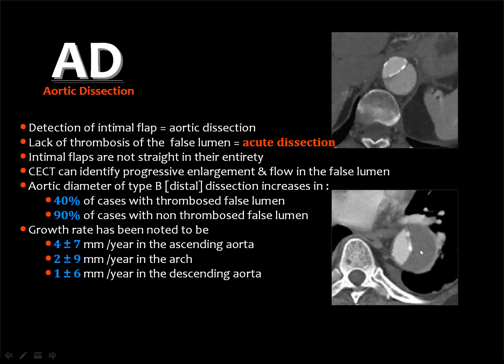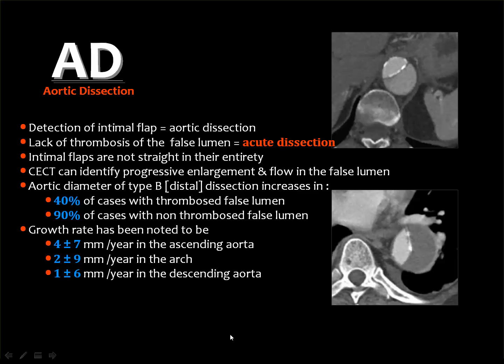And thrombosis of the false lumen is considered by the literature as a favorable outcome, since the aortic diameter in distal or Stanford type B dissection increases in about 40% of cases with thrombosed false lumen, while in 90% of cases with non-thrombosed lumen.